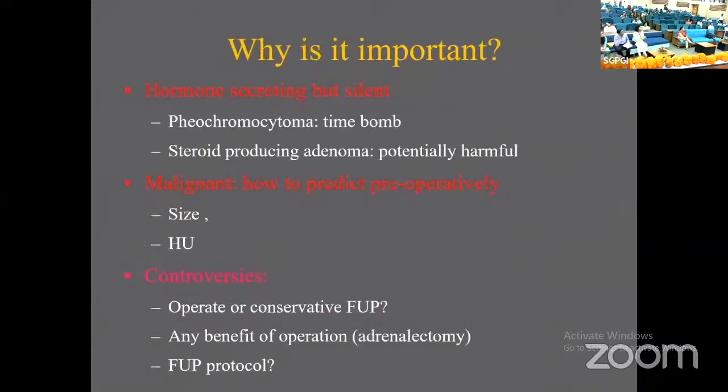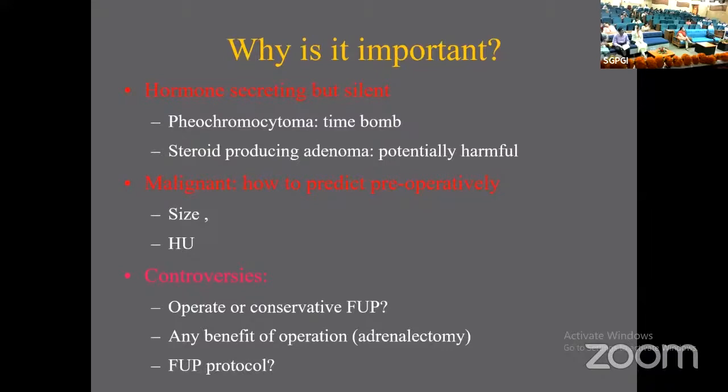Now, why is it important that we talk about adrenal lesions, particularly adrenal incidentalomas? These lesions may be hormone secreting, but they may be silent without any symptoms. For example, a normotensive pheochromocytoma, and you have a time bomb sitting there, which can burst anytime or during any other unrelated surgery.